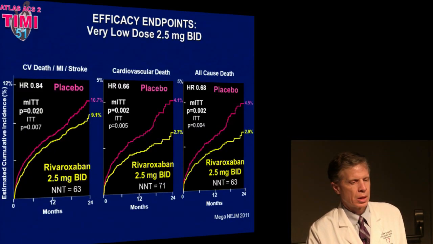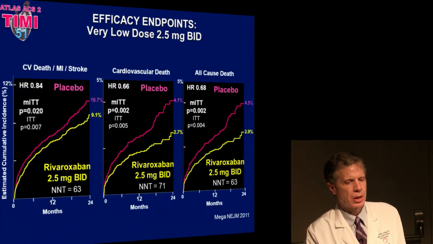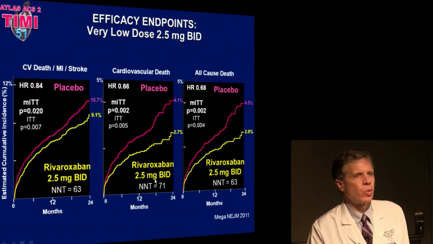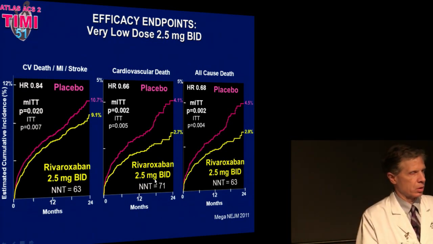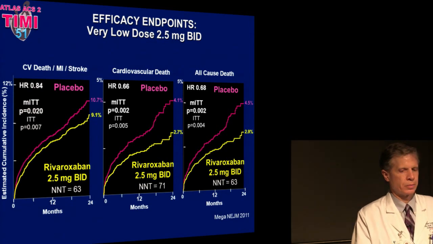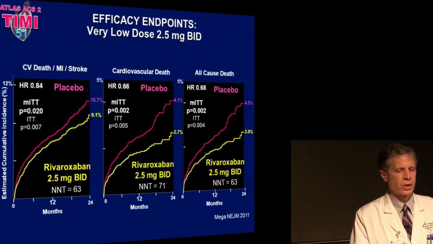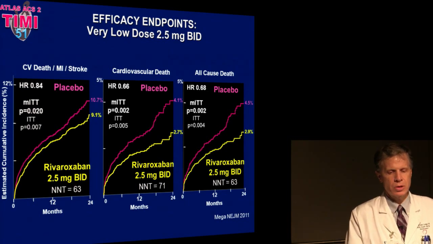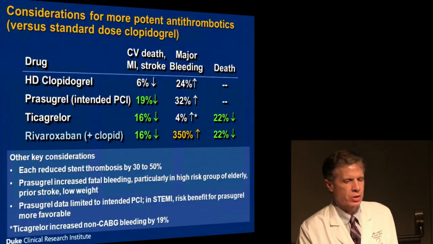And in fact, this was accompanied by a lower rate of cardiovascular death and all-cause death with the lower dose of rivaroxaban, the 2.5 twice a day. Remember, in atrial fibrillation, it's 20 milligrams a day, or 15 milligrams for decreased renal function. But these results are pretty impressive.